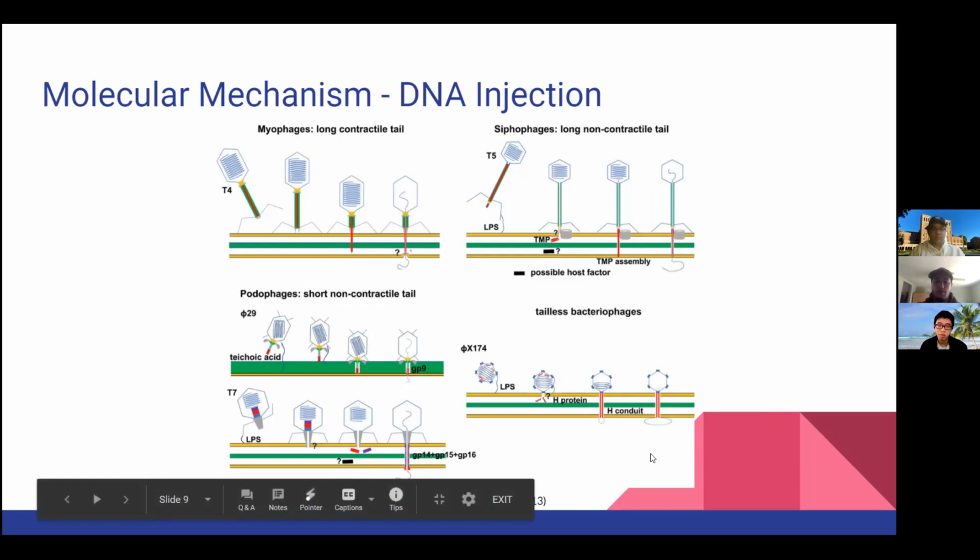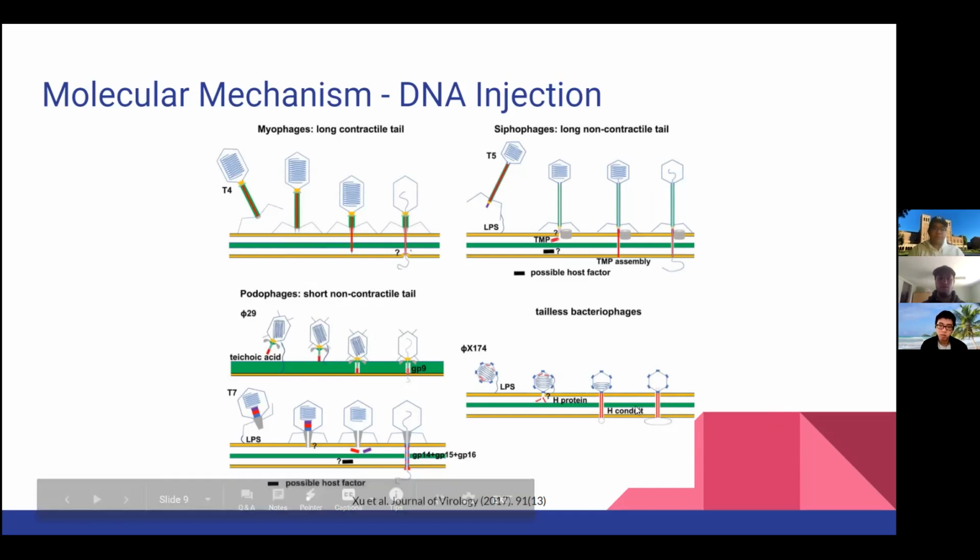But all of them have in common that there has to be some host factors that assist with the process, and it looks like there is some digestion of the bacterial membrane involved.